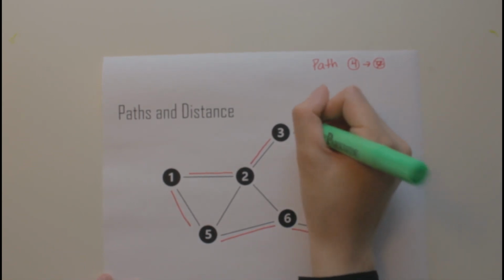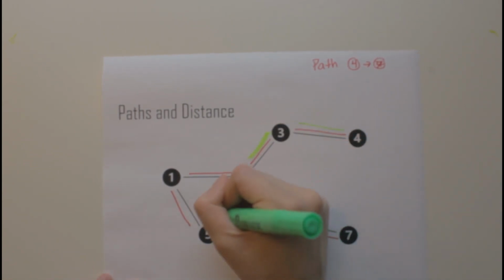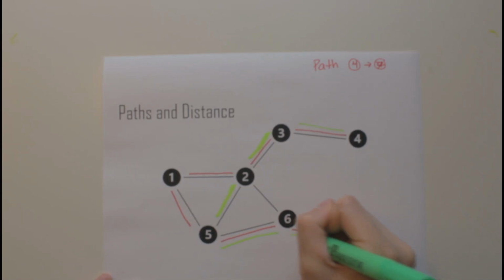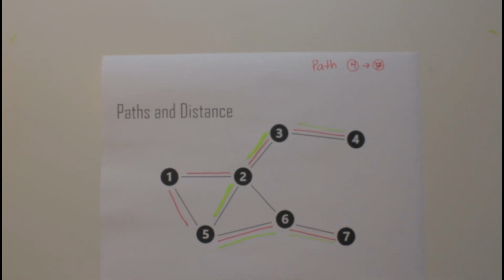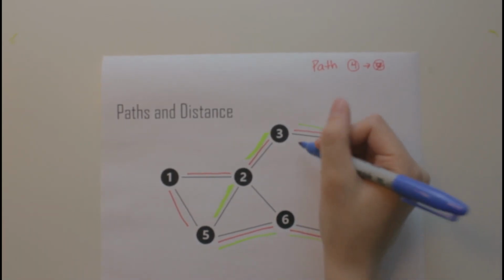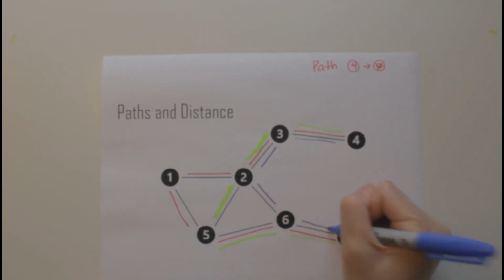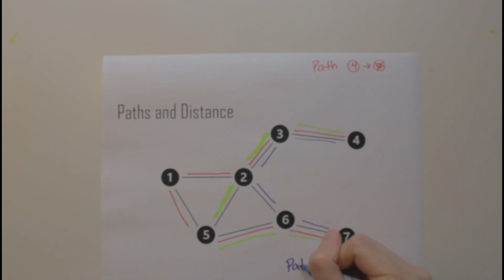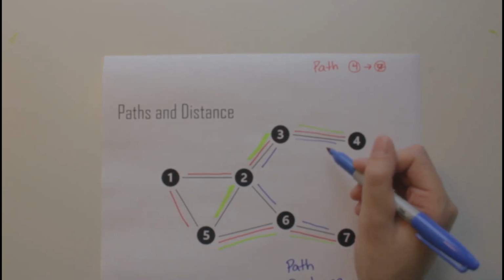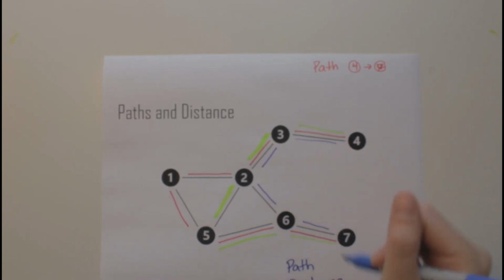Now, as you might have noticed, there are multiple paths in which we can take to get from node 4 to 7. But what we often care about in network science is the shortest path, which would be this blue path. Because for this path, the distance is shorter than any other in this network. Its distance is 4.